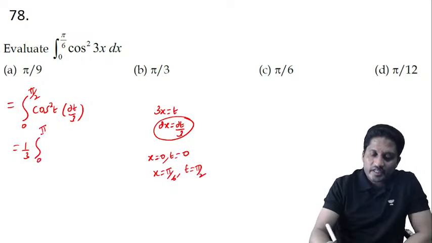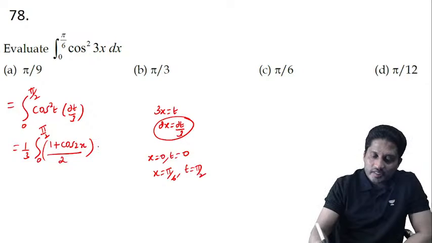Okay, either use the reduction formula or cos square t is equal to 1 plus cos 2t by 2. And then this is dt. 1 upon 6. Integration of dt is t. Integration of cos 2t is sin 2t by 2. Between the limit 0 to pi by 2.